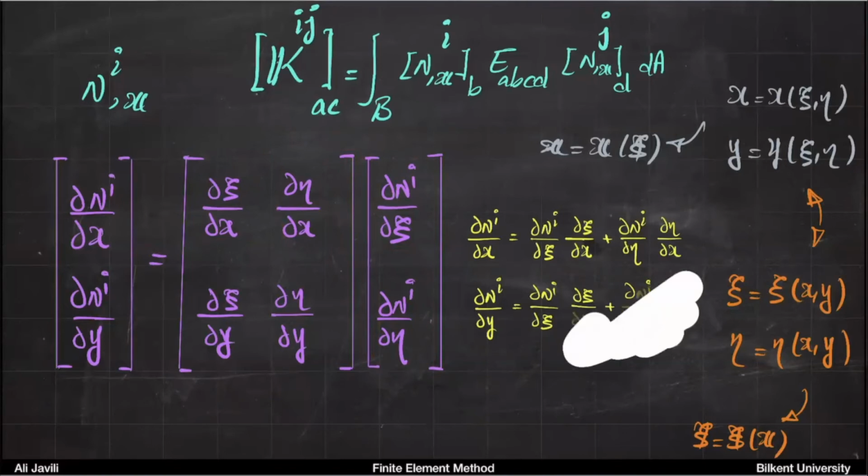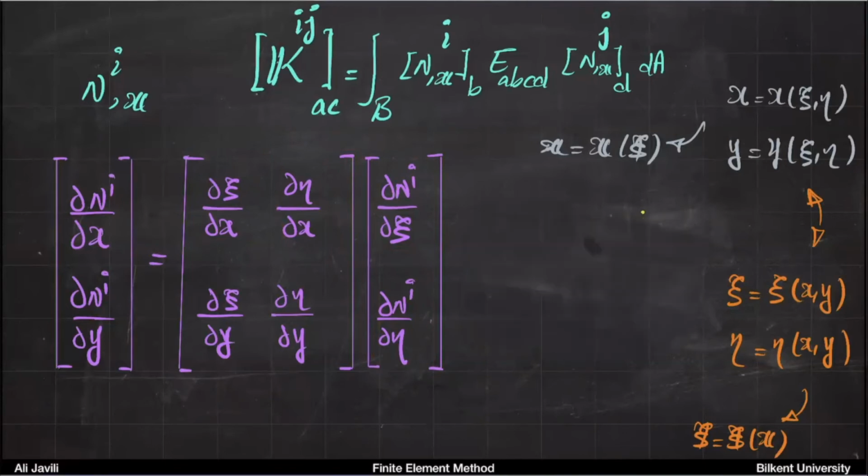Okay, so it seems that I can write all of that yellow equation that we had as just, let's say, derivative of Ni with respect to x, right? So this is that vector that we just had.